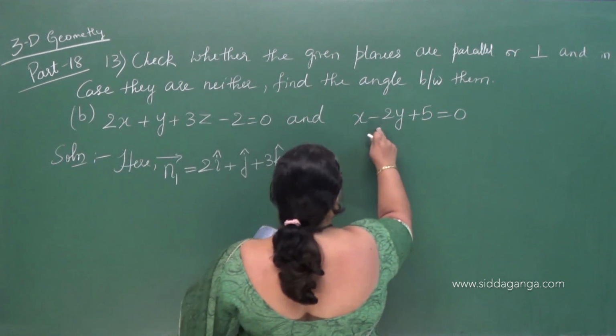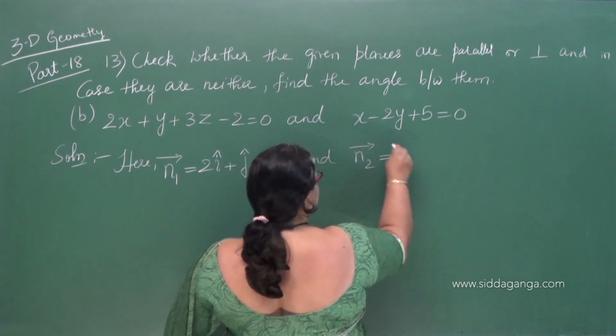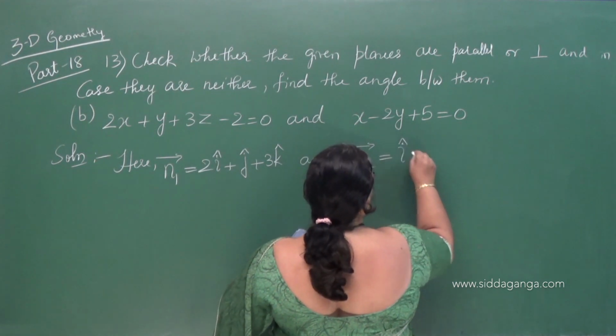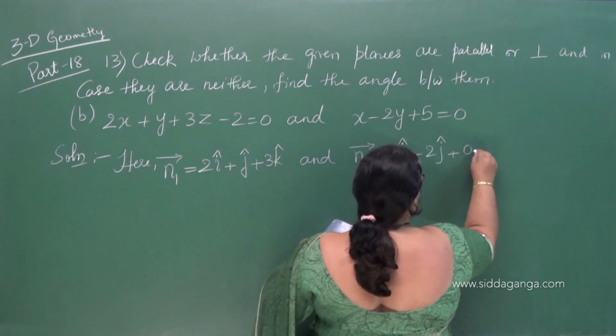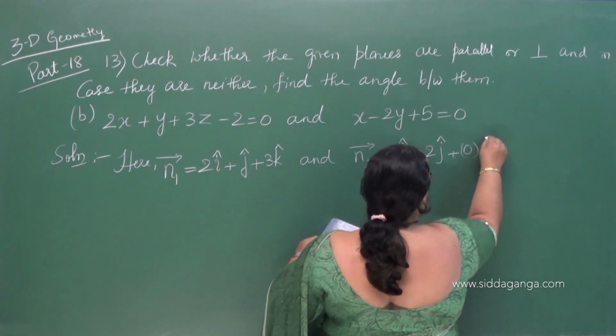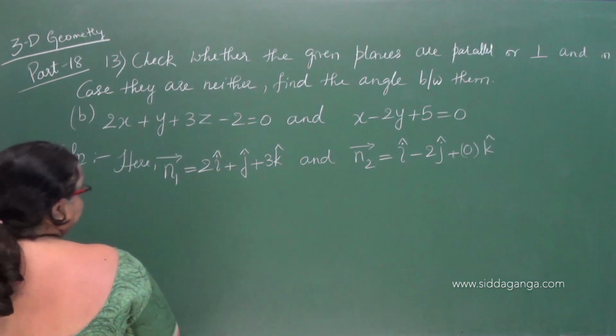And in the second plane the normal vector is 1 i cap, that is i cap, minus 2 j cap plus 0 k cap. So these are the two normal vectors.